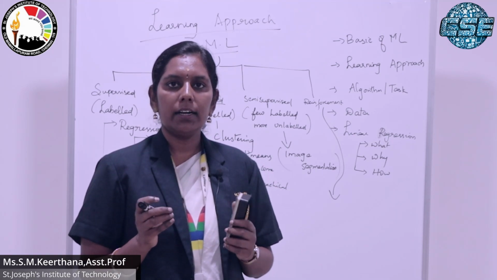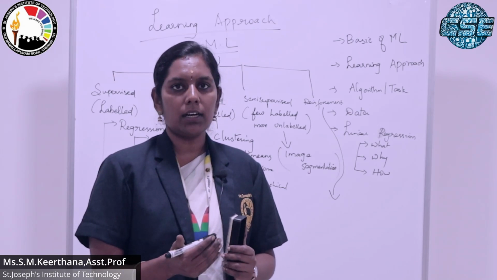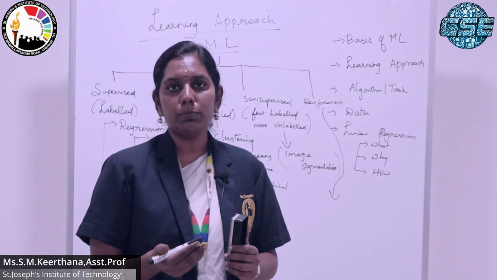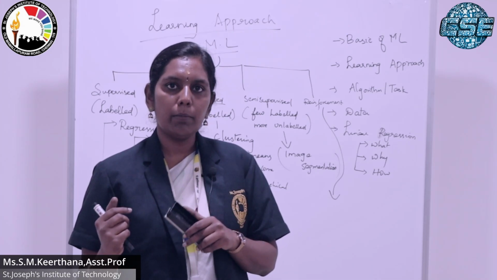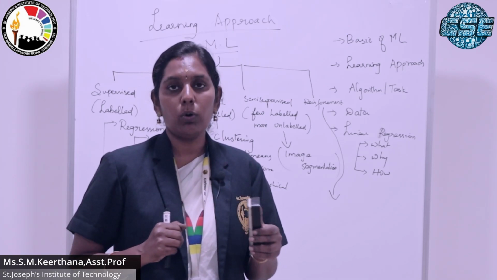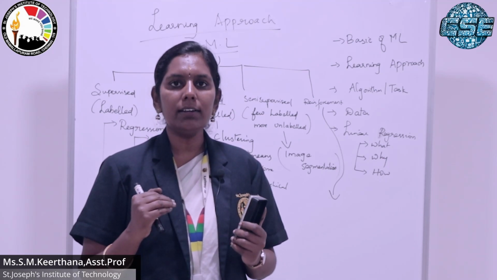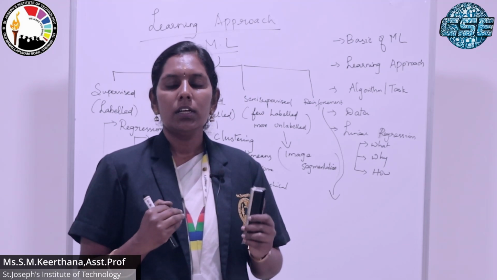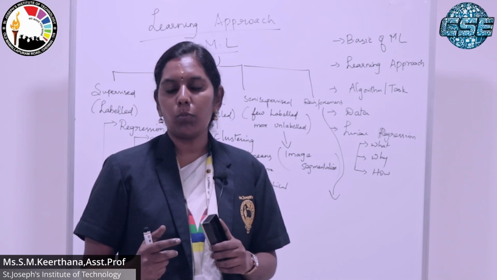Reward in the sense of points. If the computer plays wrongly, they punish the computer or the model. Punishments, they could give negative points. So the model learns that if it is getting a positive credit, we are going in the right direction. If it is getting negative rewards, it learns that we are going in the wrong direction. Based on this only, they have developed automatic car driving, VR models and all.